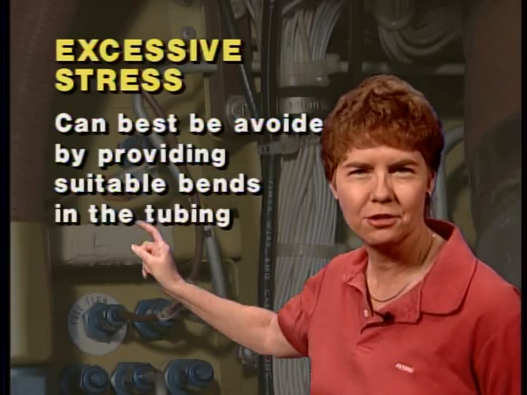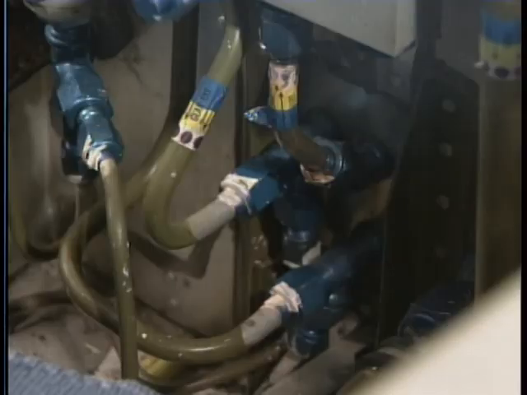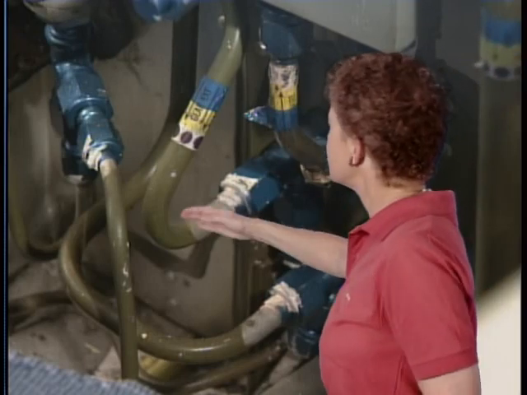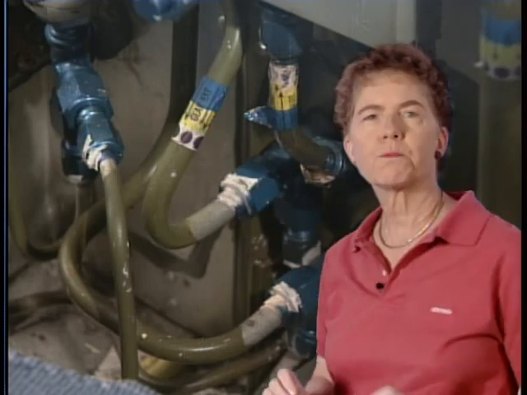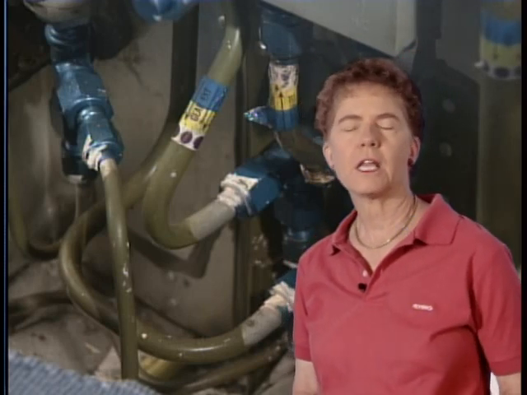bends in the tubing. So when you're fabricating and fitting rigid fluid lines, you'll have to make bends in those lines. And as you can imagine, bending a thin wall tube requires proper technique to get the desired result of maintaining a smooth inside surface and original diameter.